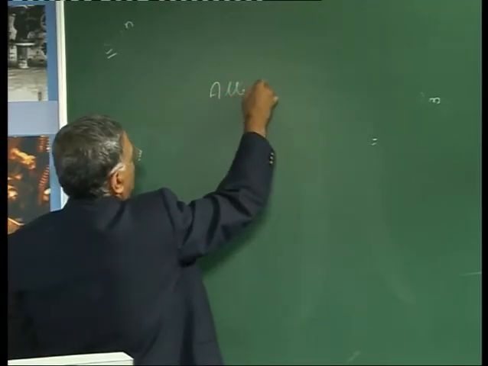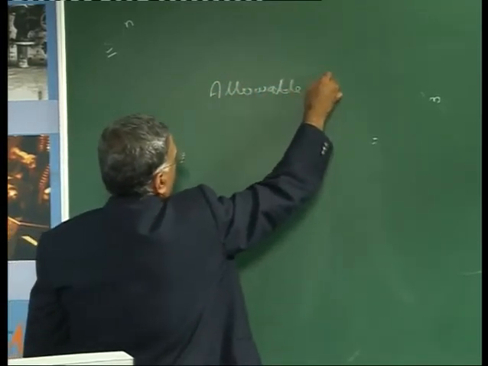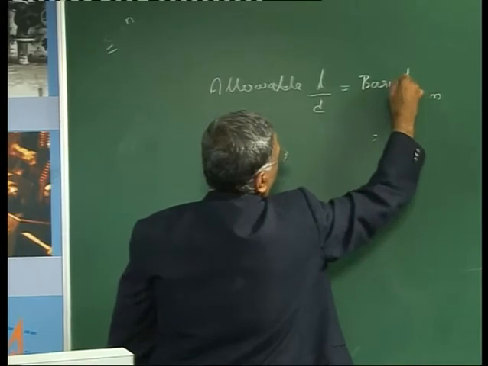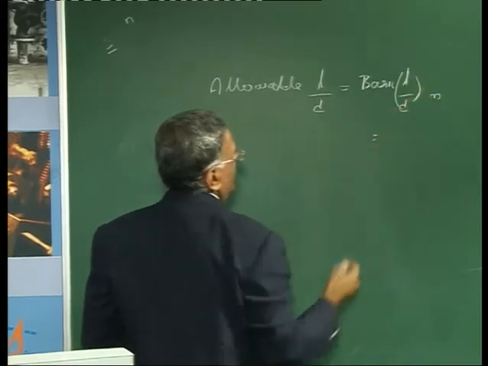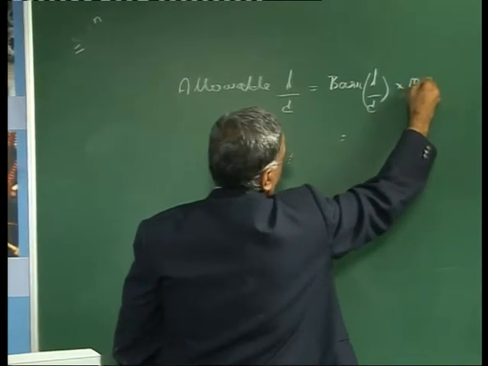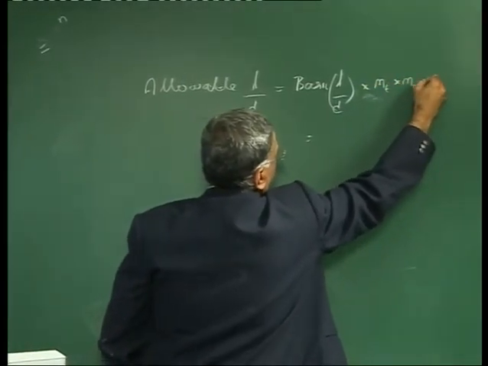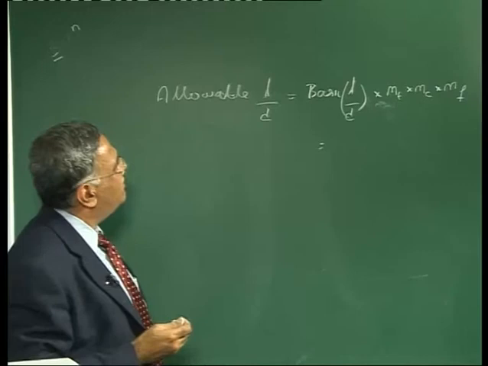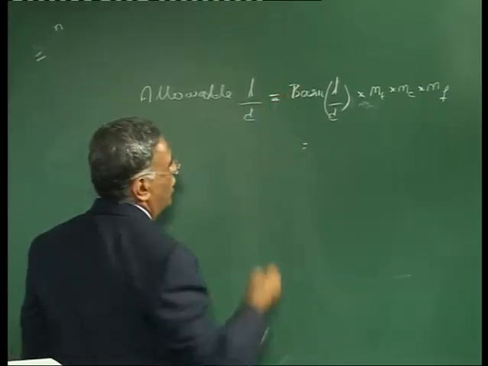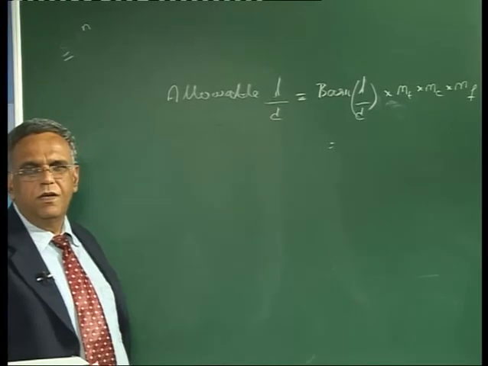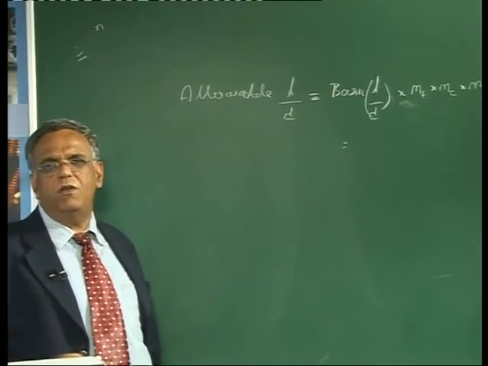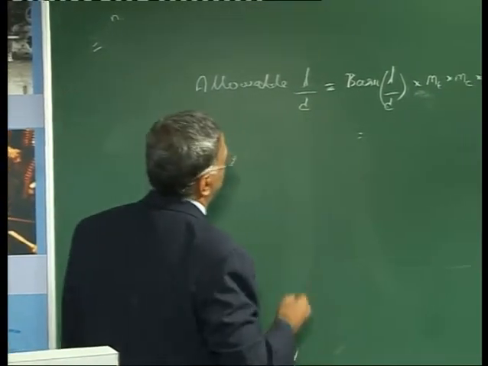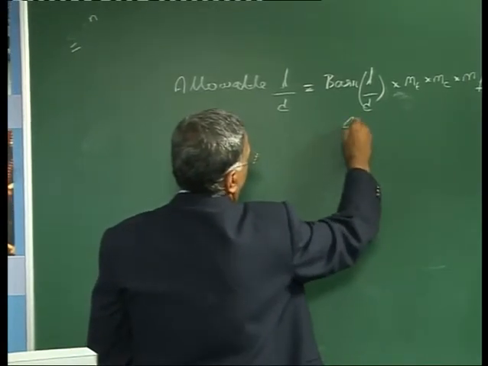In order to find out the value of the allowable L/D ratio, one has to know the value of the basic L/D, and this shall be multiplied by the modification factors MT, MC and MF. Whatever I have written on the right hand side of the equation shall be picked up from the code. If you refer to clause 23.2.1 of the code, it clearly says that the basic L/D for a simply supported beam is equal to 20.